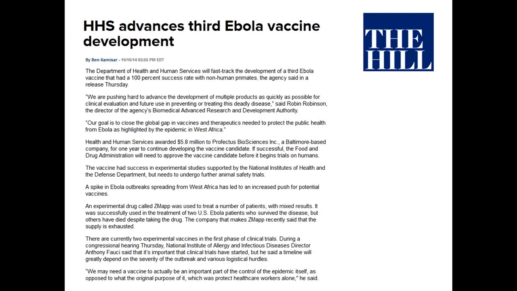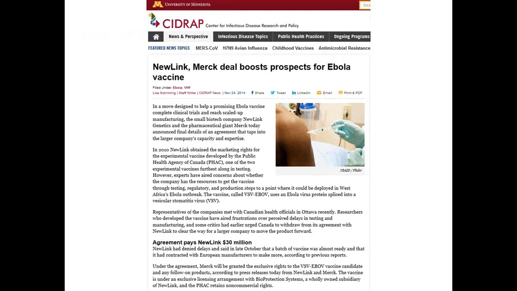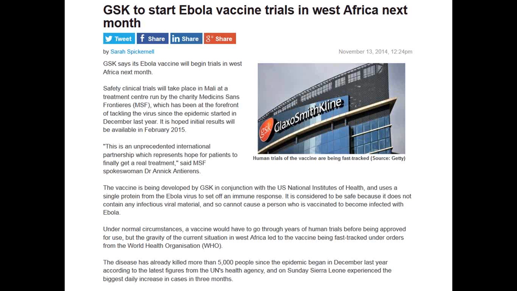Just several weeks ago, the U.S. government invested heavily in the Profectus vaccine, awarding them $5.8 million to move their vaccine forward. And yesterday, a major new announcement was made where Newlink, the Iowa-based company which holds the rights to the Public Health Agency of Canada vaccine, has just signed a deal with Merck, which really boosts the prospects for this vaccine moving forward.